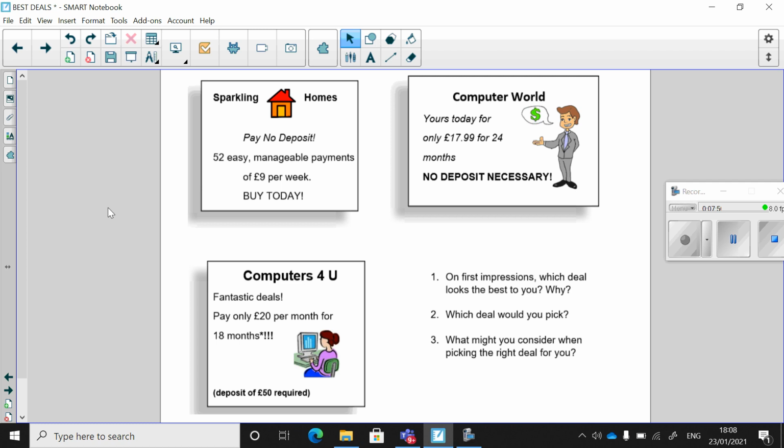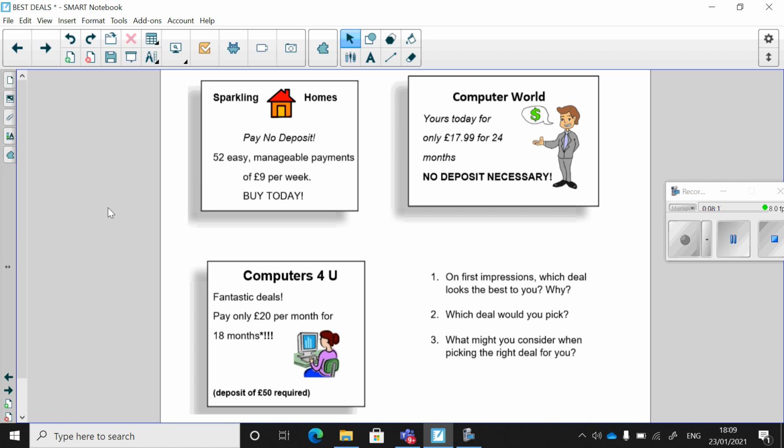Initially they're saying, in first impressions, which looks the best to you? Why? Maybe you think, I like the look of that Sparkling Home there, or I like the look of that person with a dollar sign in his mouth, even though we're talking in pounds. That's fine, but we'll see how we go on.